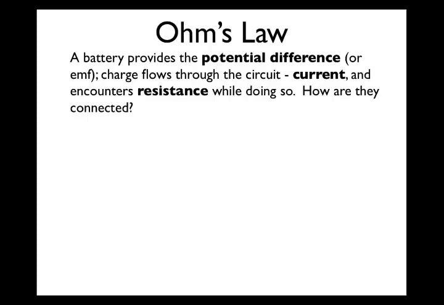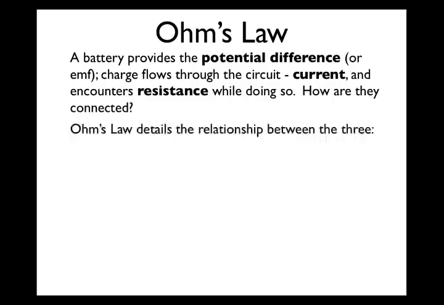They can't through the battery itself because of the chemical process happening inside there. But if you give them a connecting pathway, they will flow through that pathway back to the positive side of the battery. So the charge that flows through the circuit is the electric current, and the electric current, as it's flowing through the circuit, encounters a certain amount of resistance to flow as it's going.